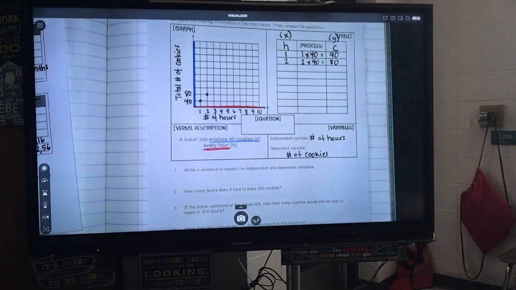Now, if you do not finish before the end of class, it will become homework, so you guys need to work diligently. You guys know what that means, right? Not fast, but go fast with quality. Stay on topic. Alright, go ahead and get started, y'all.